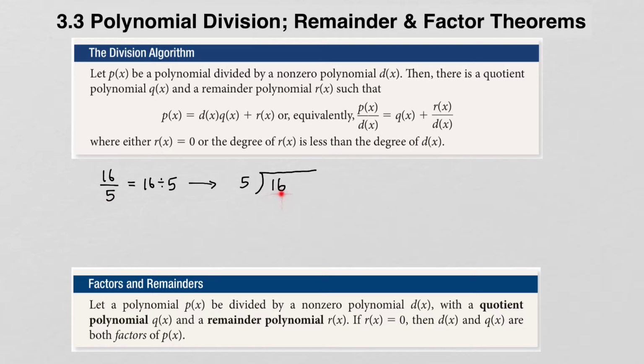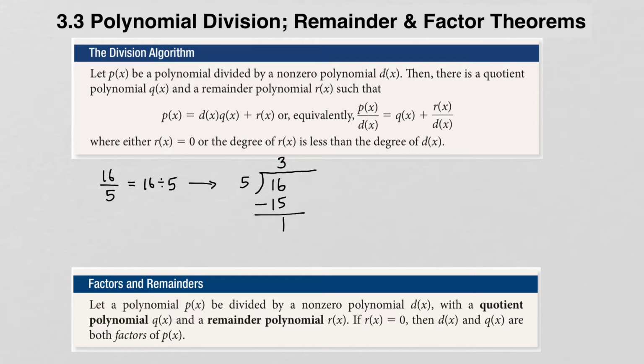So we have 16, the dividend, divided by the divisor 5. Now we know that 5 divides into 16 3 times, and that's because 3 times 5 is equal to 15, and then if we subtract, we get a remainder of 1.